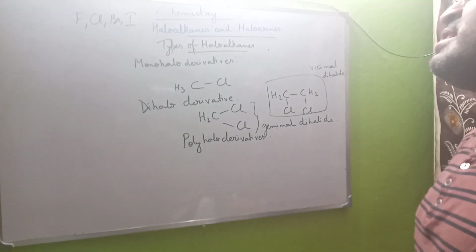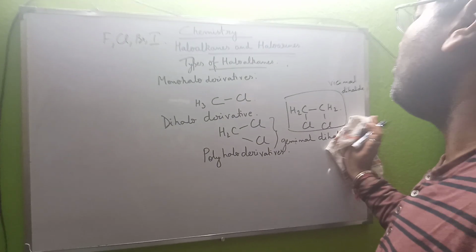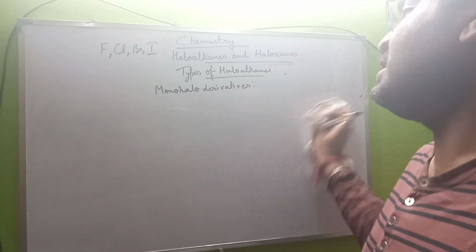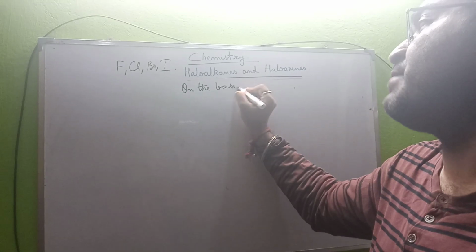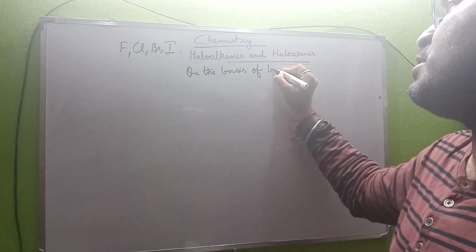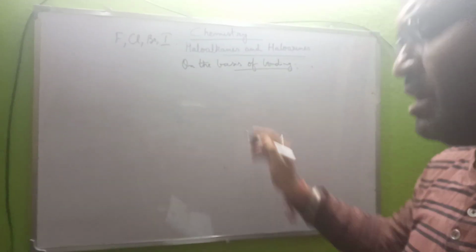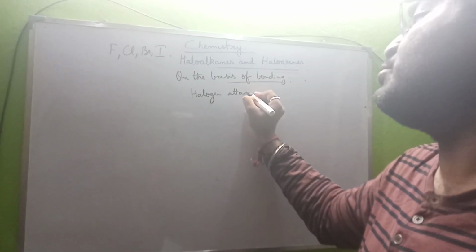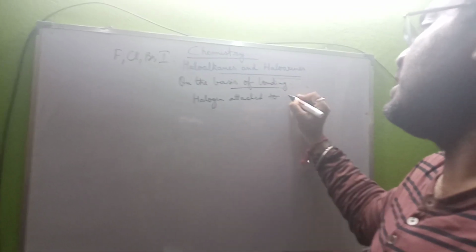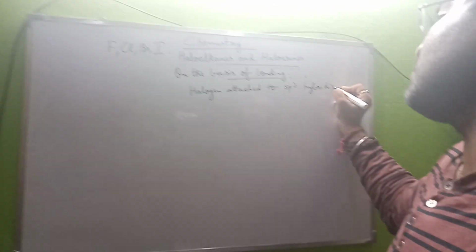Now the next part is on the basis of chemical bonding: how haloalkanes are classified on the basis of bonding. First, halogen attached to an sp3 hybridized carbon.